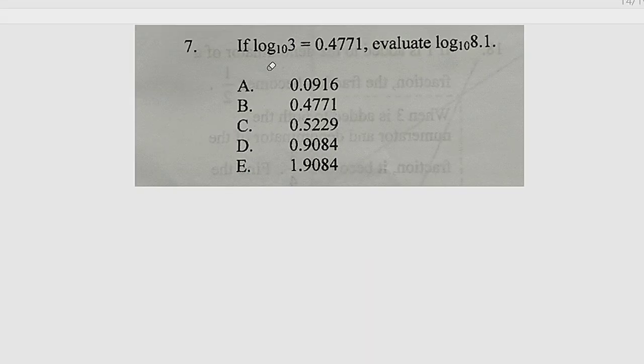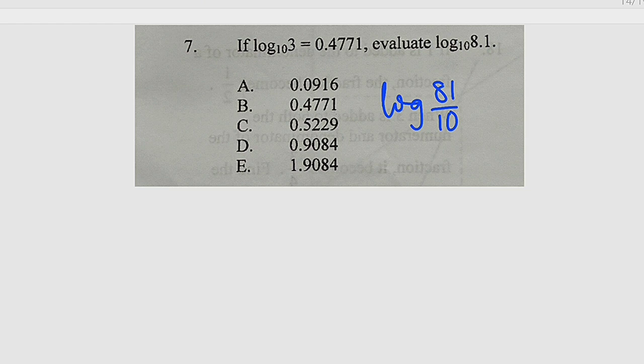Question number 7 reads, if log of 3 with the base of 10 is equal to 0.4771, we are asked to evaluate log of 8.1 with the base of 10. Alright, let's get started. 8.1 is the same thing as 81 divided by 10, right? So we can write this as log of 81 divided by 10, still in base 10.